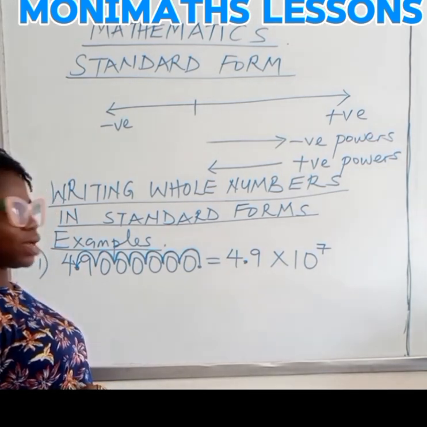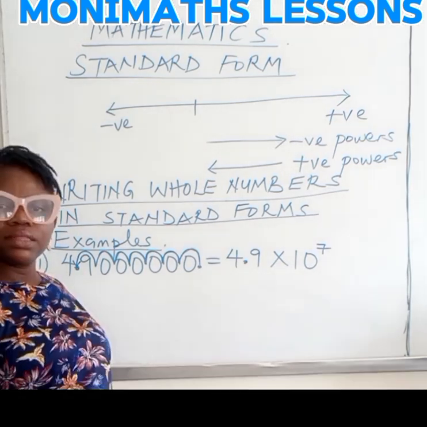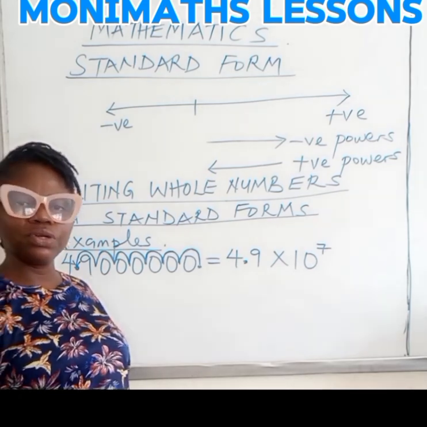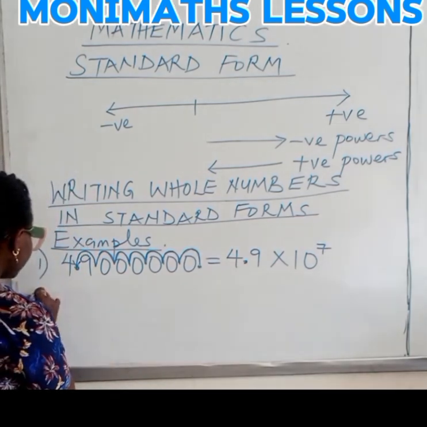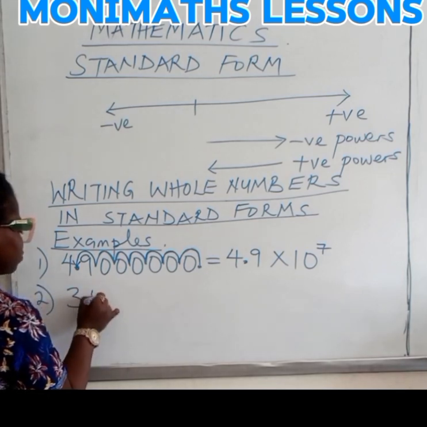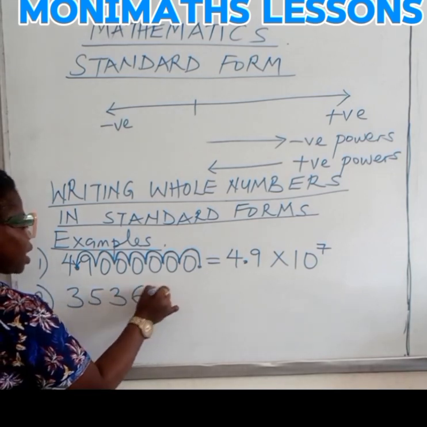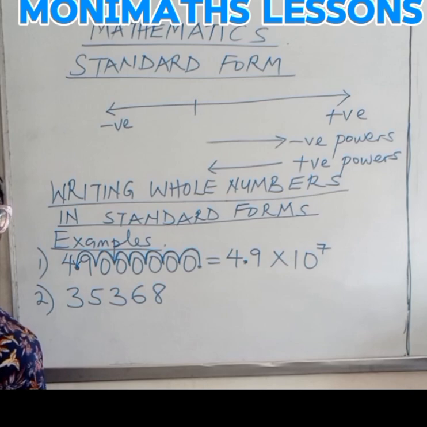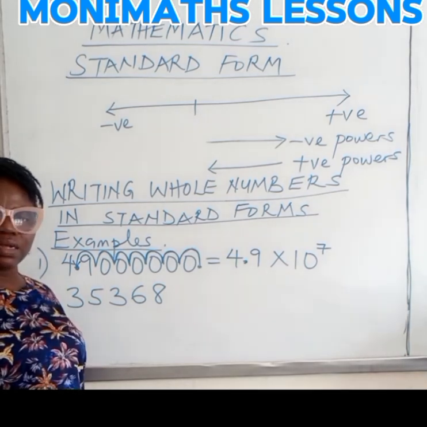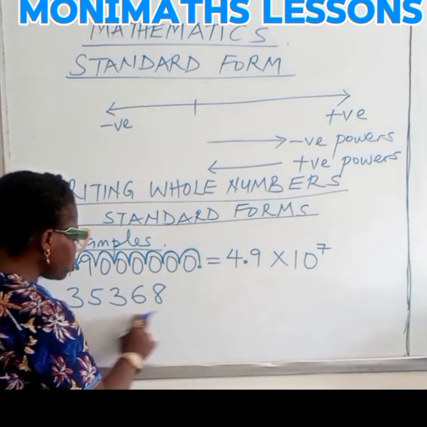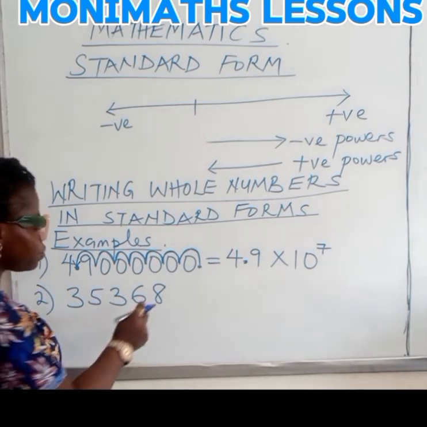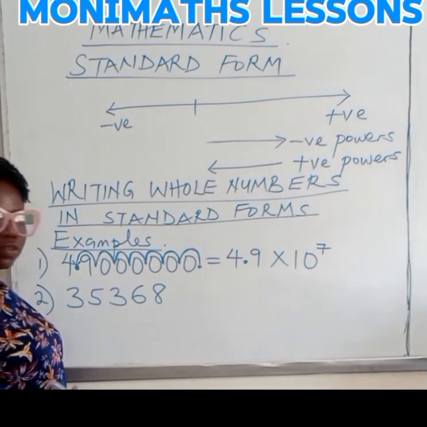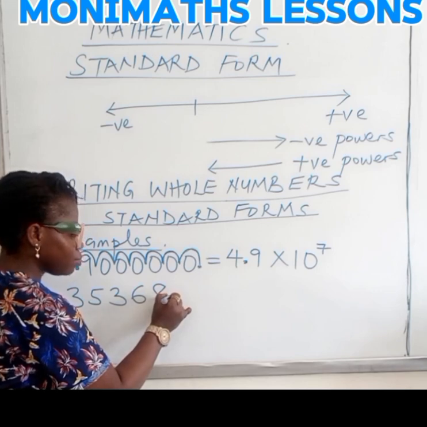Let us say I have another number like 35,368. And I want to write this number in standard form. This is also a whole number. So the decimal point is at the back of the unit, which is the ones. It is here.